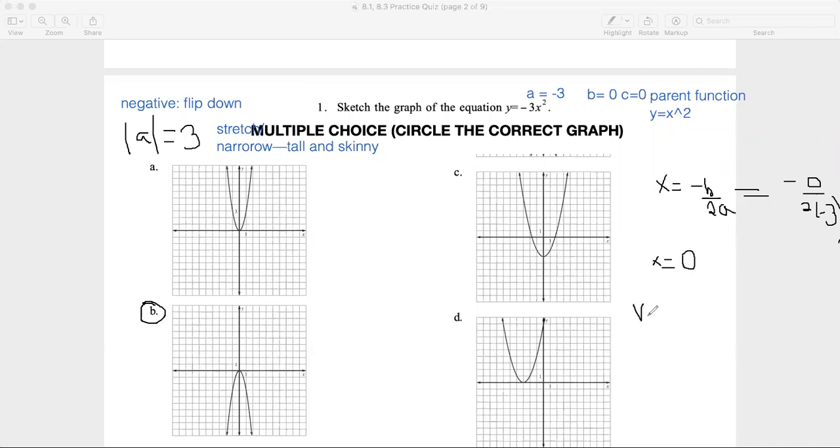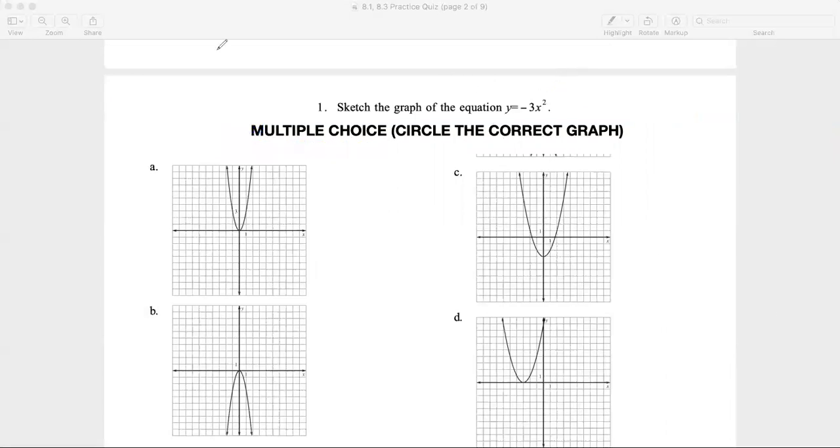And then your vertex is going to be at 0, comma, whatever you get when you plug it in. So I'm going to plug in 0. When I plug in 0 into this equation, my y value is going to be 0. So my vertex is at 0, 0. My line of symmetry is at 0. And then it's facing down. So that would be B. Okay, let's go ahead and do the next one.